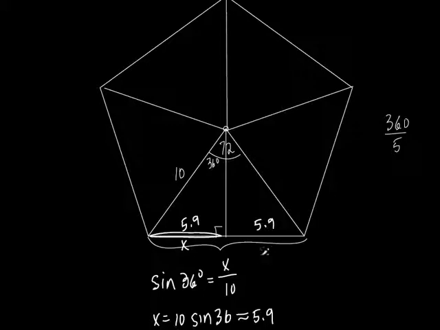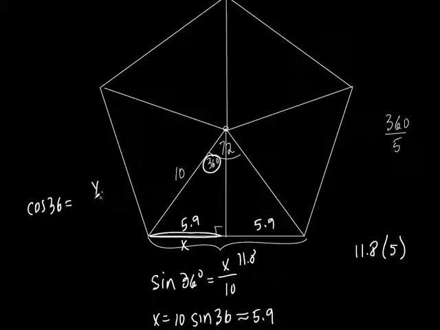That's 5.9, so that's 11.8, right? For one of the sides, so you take that 11.8, multiply it by 5, whatever that is. And then you find the apothem. How do you find the apothem? Use the same angle right here. This is adjacent, isn't it? So you use the cosine. So it's the cosine of 36 equals the adjacent over hypotenuse.